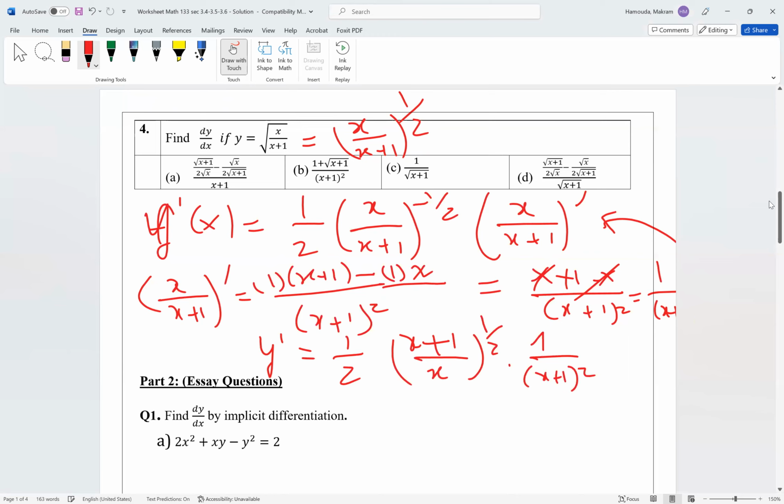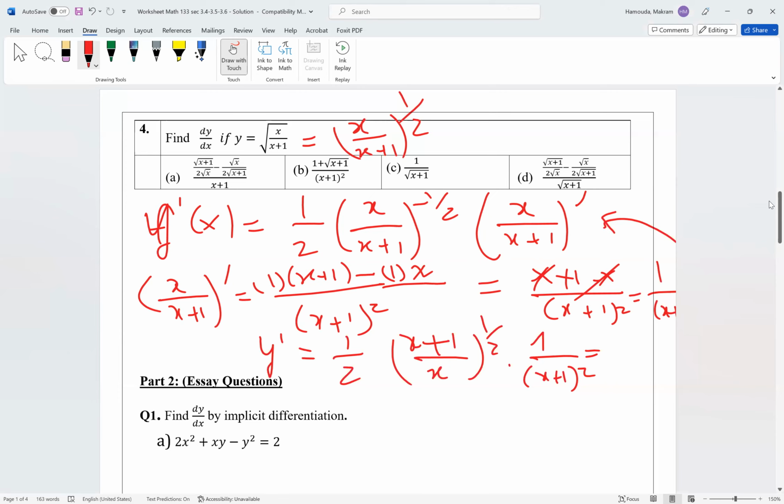The result can be presented like that. For example, let me see the choices: A, B, C, D. Let me see which one is the good one.